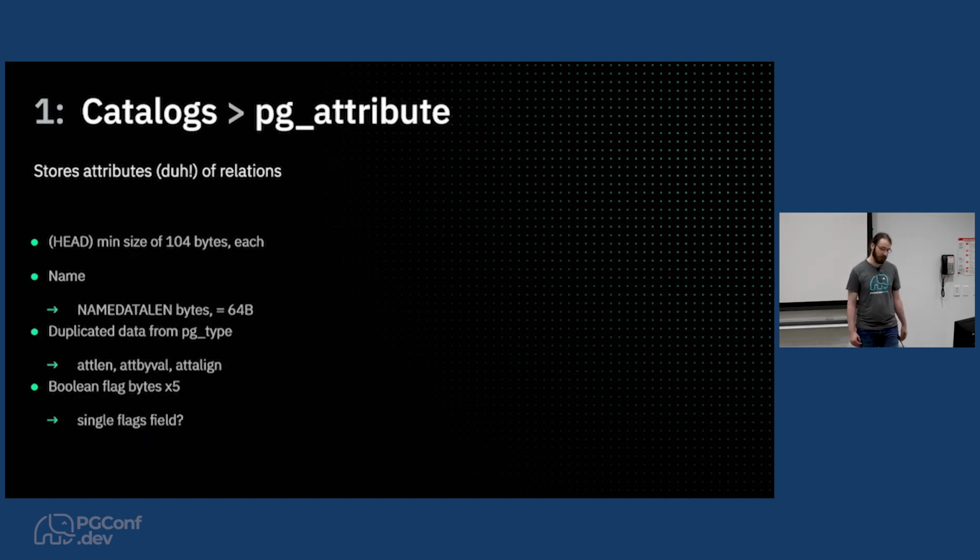The other issue in the catalogs that I was planning to talk about is the PG attribute, and basically anything that is related to names. On head, the minimum size of a PG attribute column is 104 bytes of payload data. It's actually quite a lot, and when you look at that, you see that the name data, the name, is actually more than half of the data.